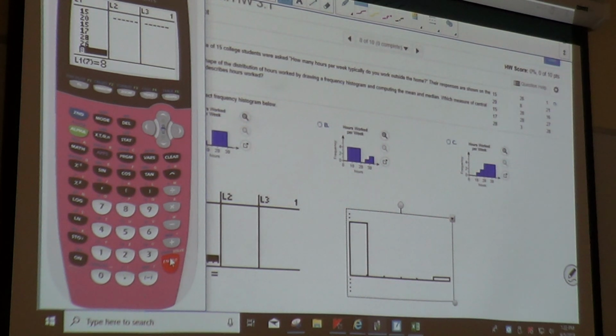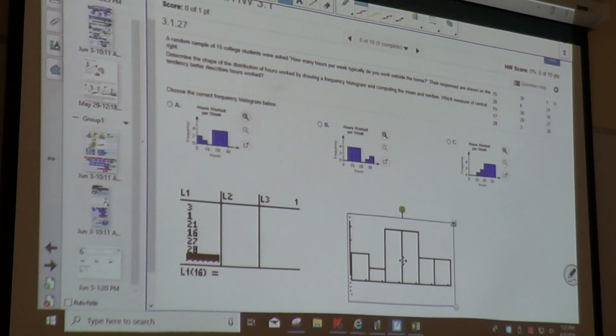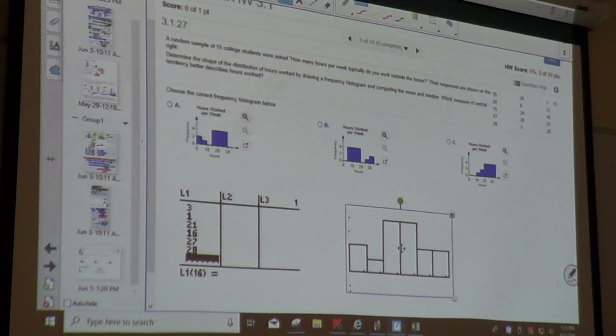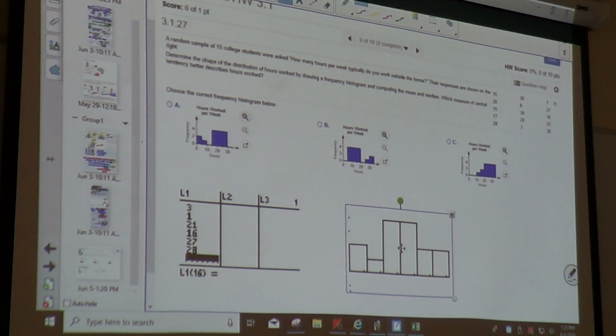Let me do zoom 9 and see if that looks like y'all's now. Does that look like y'all's? Yeah. My bad. See, I was displaying what y'all should not do. Just kidding. Isn't that what teachers say? I screwed up. Let's see, Austin? You probably mistyped something in. Go back and do what I did.